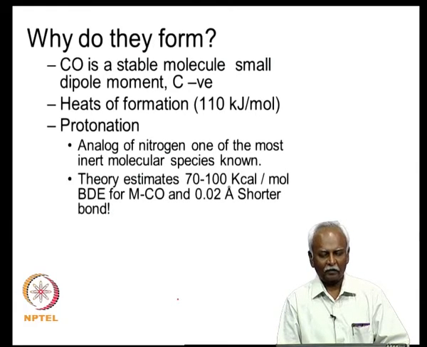In fact, theory estimates that the bond dissociation energy of metal carbonyls can be as high as 70 to 100 kilocalories per mole, and the carbon-oxygen bond and the metal-carbon bond are significantly different from what you would expect. So, all these things have to be explained.